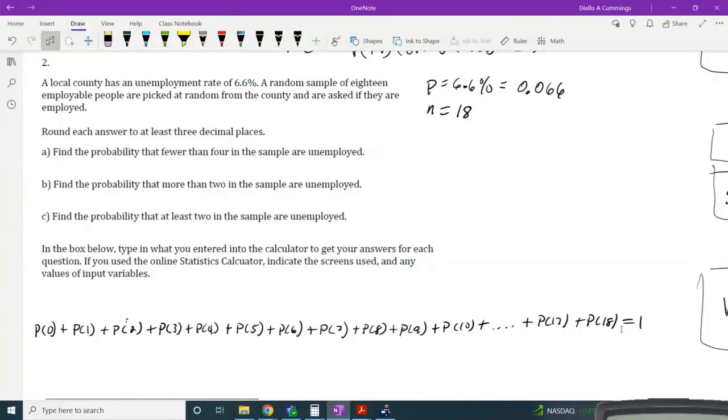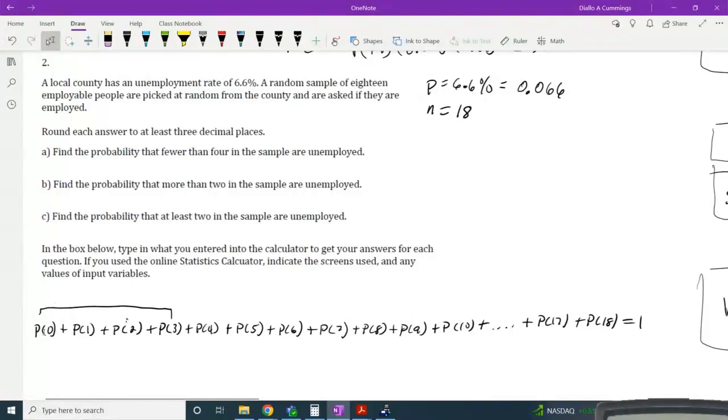All of those probabilities equal 1. So it says find the probability that fewer than 4. So what probabilities do I actually want to start from? Do I want to start from 4 and go down, or do I want to start from 3 and go down? 3, right? Because it says fewer than 4, not fewer than or equal to 4. So I want all 4 of these probabilities.